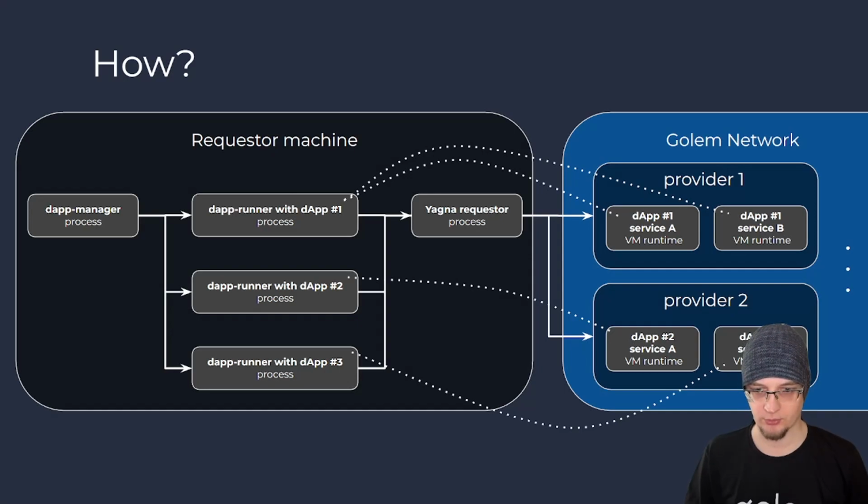Each Dapp-runner process handles one application stack, as I mentioned before. Finally, all processes that communicate with the Golem network talk with Yagna, run in the requester mode. After Dapp-runner has started its application stack, with the use of Golem VPN, we can connect to application stack services running on virtual runtimes on the providers.